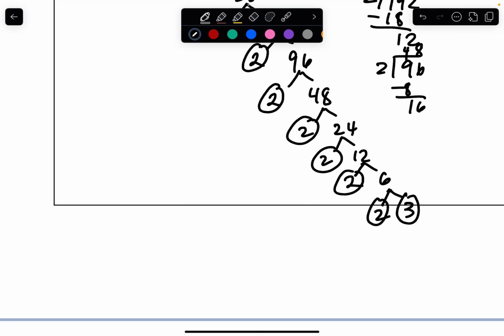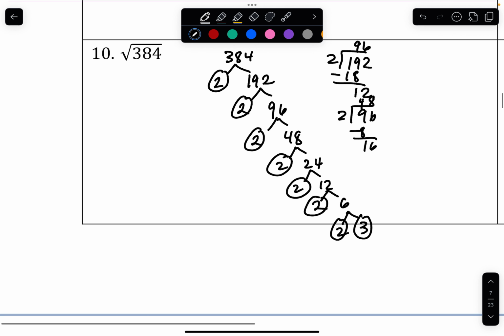You don't have to use 2s. It's just 2 is an easy prime for me, and so I typically go with 2s until I can't anymore.